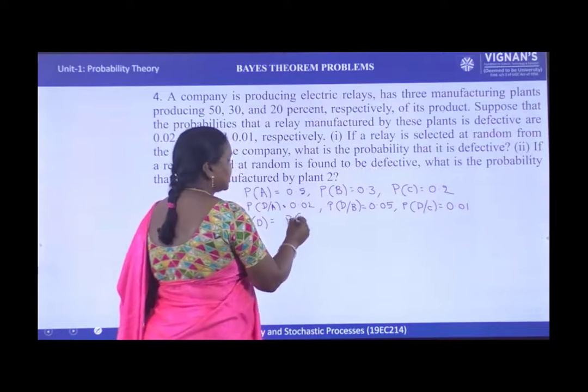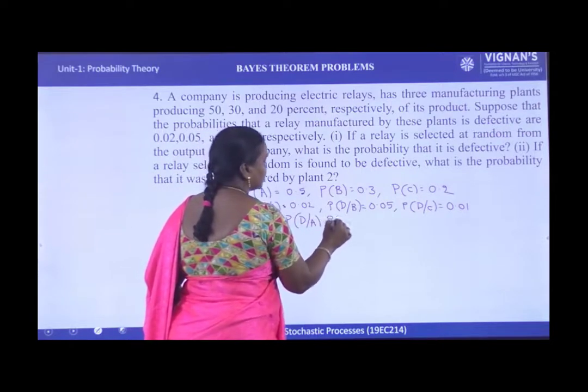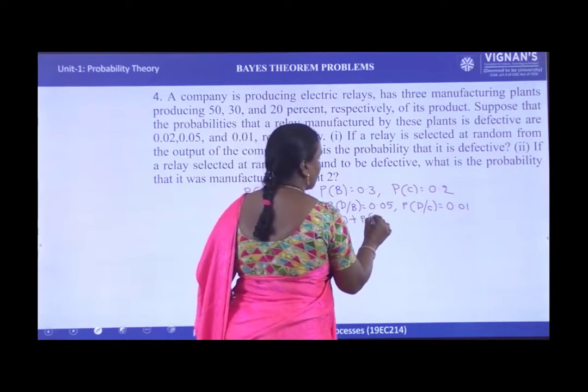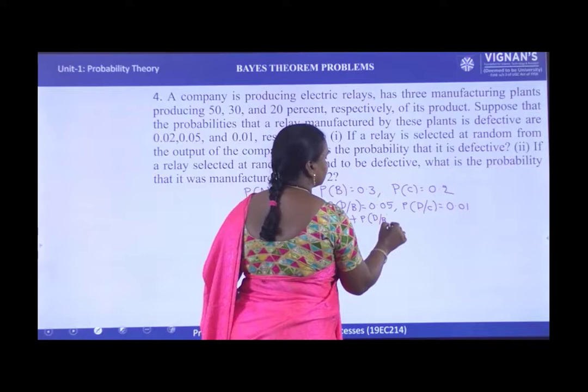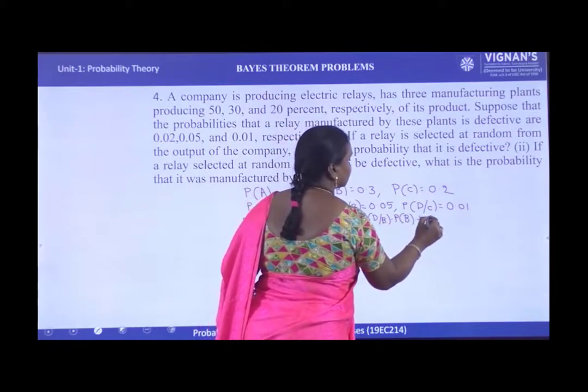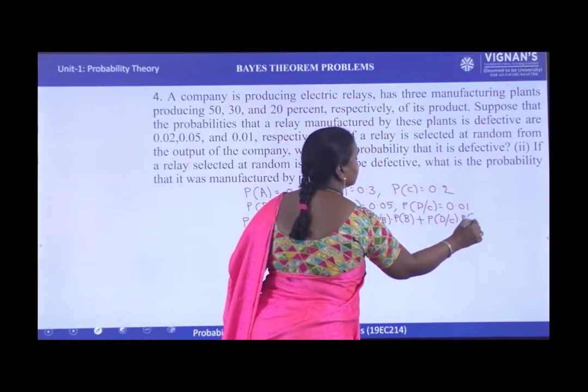So, P of D is equal to P of D by A into P of A plus P of D by B into P of B plus P of D by C into P of C.